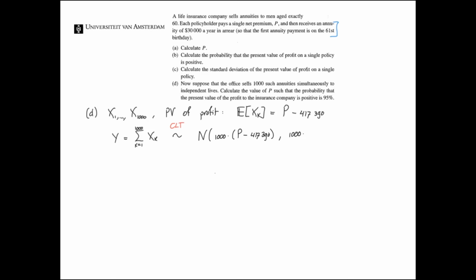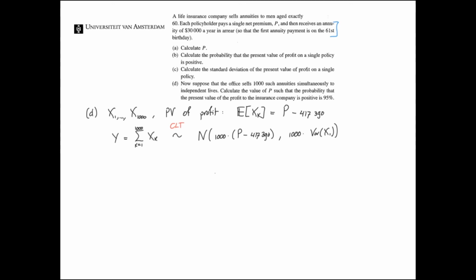So let's denote that as the variance of x1, let's say. Doesn't matter which one I do because they all have the same distribution. Okay, and we computed the standard deviation in part C, so this is what we'll use.